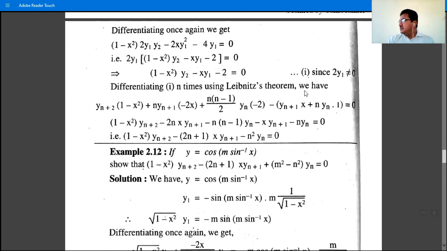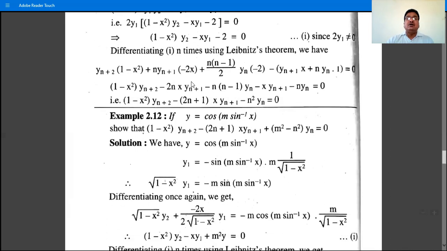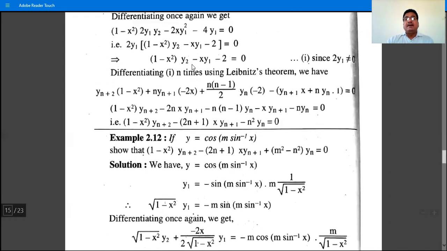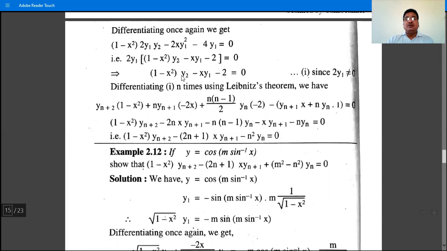This (1 minus x square) into y2 is now a multiplication of two functions, and so we have to find its nth order derivative. So apply the Leibniz theorem. Denote the function y2 as u and 1 minus x square as v.